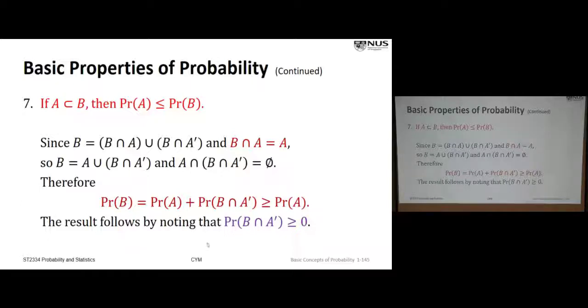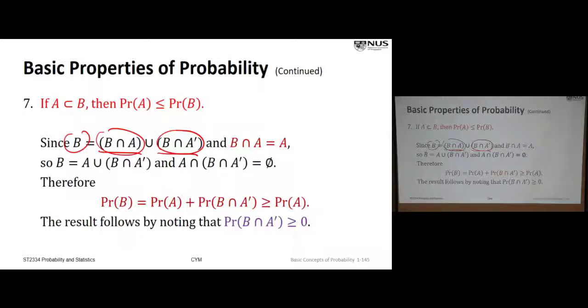So I rewrite B as the union of two events. Are these two events mutually exclusive? Can you tell? Yes. The first one is B and A, right?